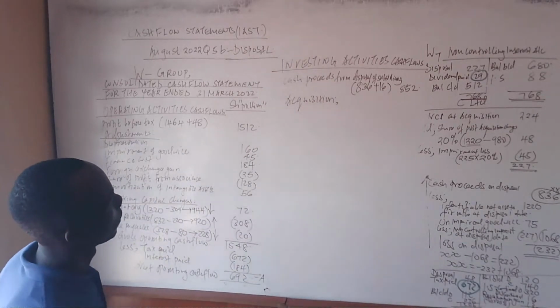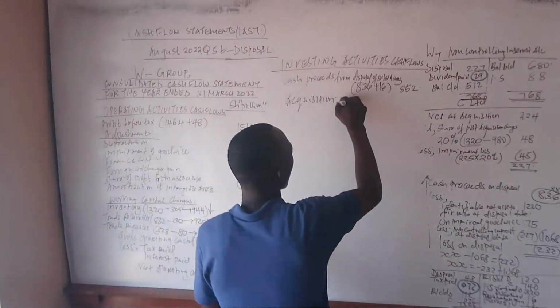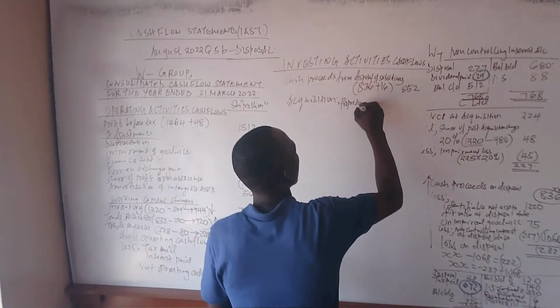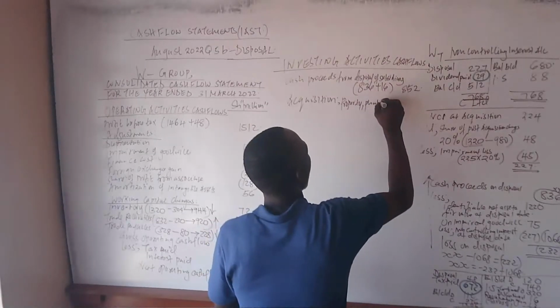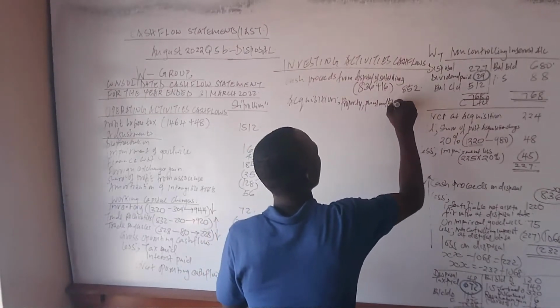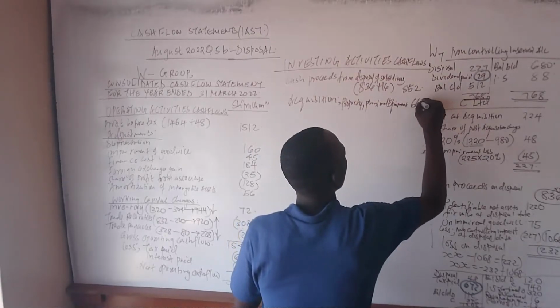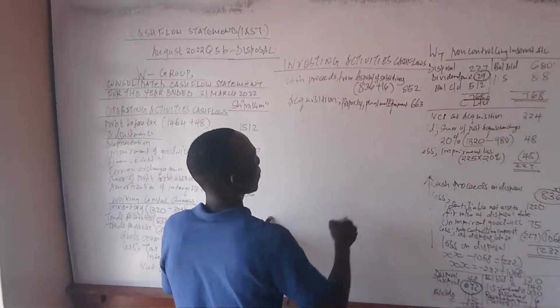So for the acquisition, we acquired property, plant and equipment of how much? We acquired 663.